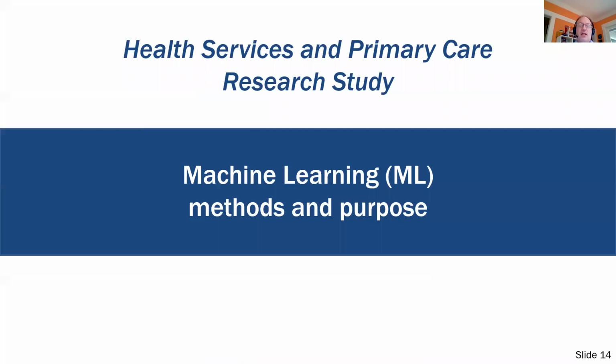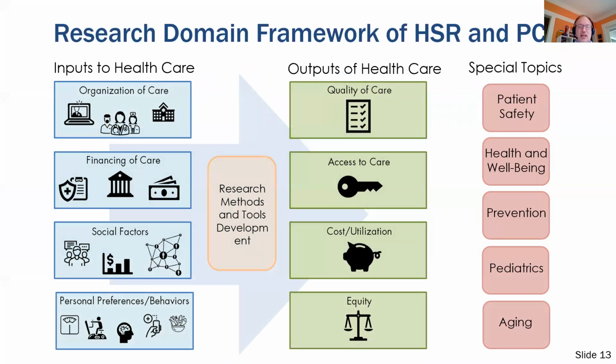You can stay on that slide just for a second, Jamie. I believe overall, we had 20 different research categories, including the ones that you see here, as well as the different methods and tools development categories, and of course, the HSR and PCR distinctions.